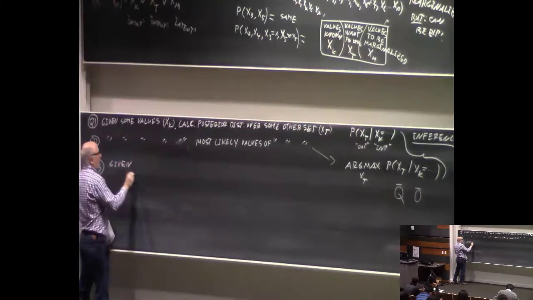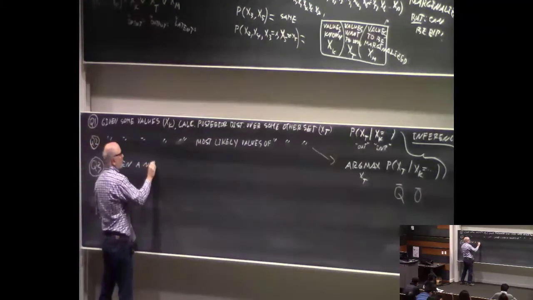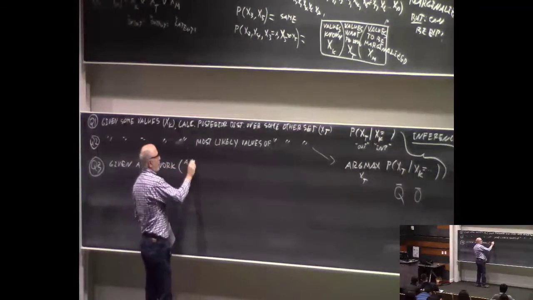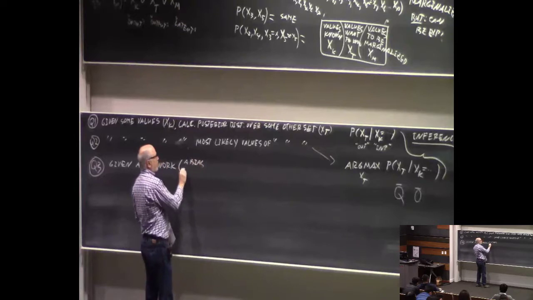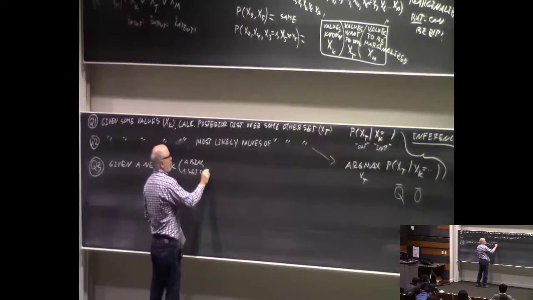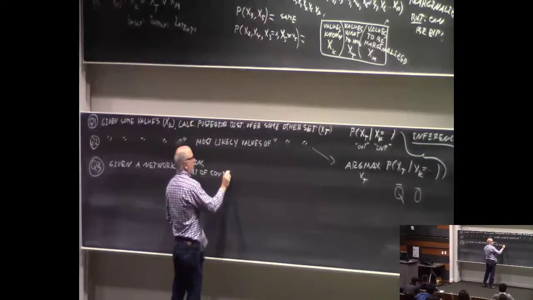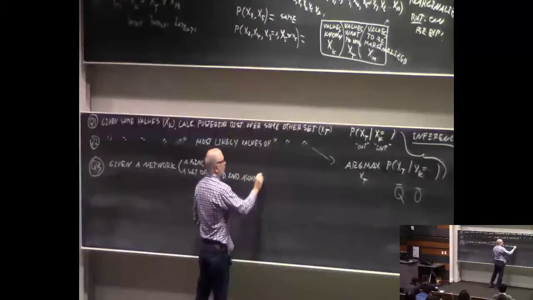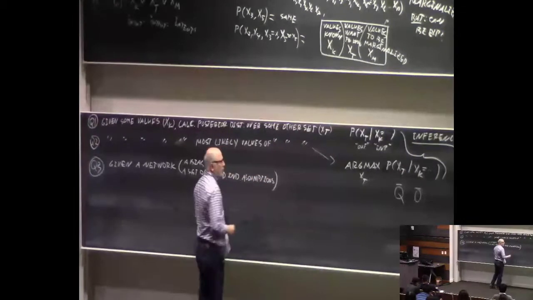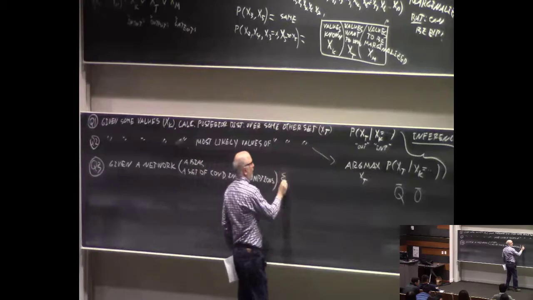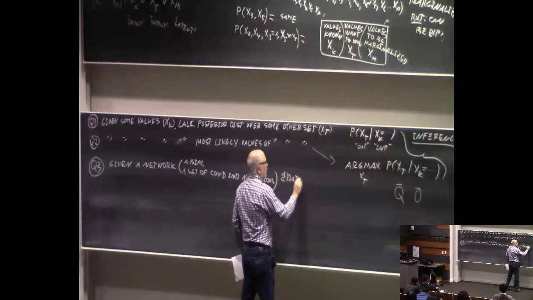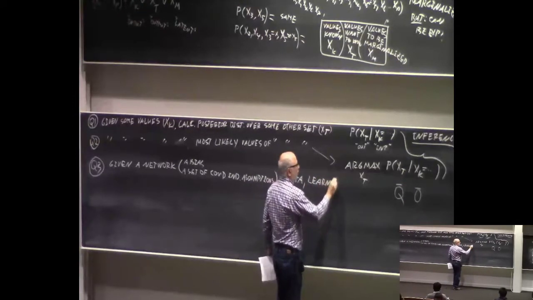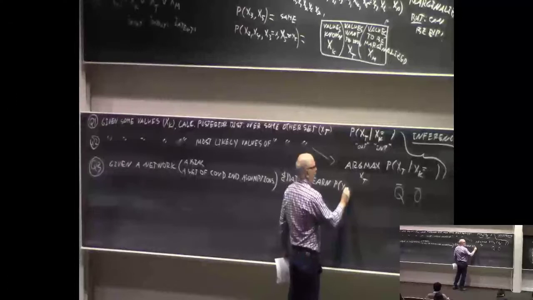Given a network, which is the same as saying a bias, which is the same as saying a set of conditional independence assumptions, and data, learn P of x1 through xp.